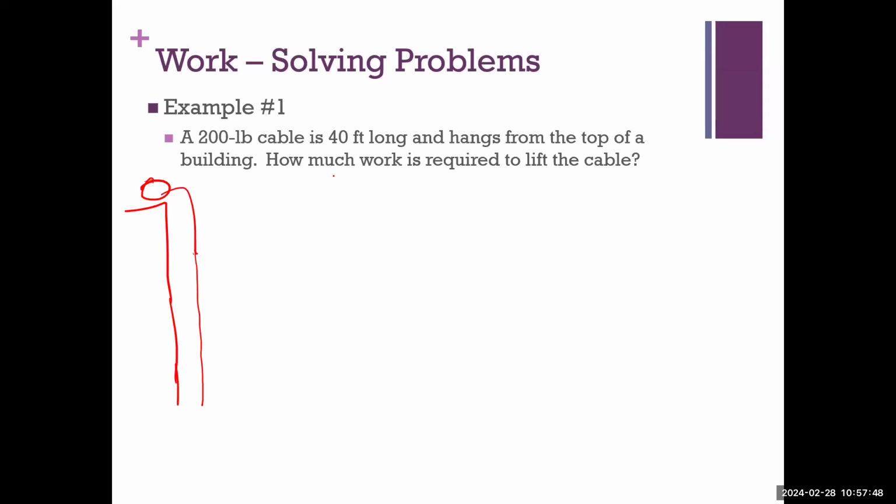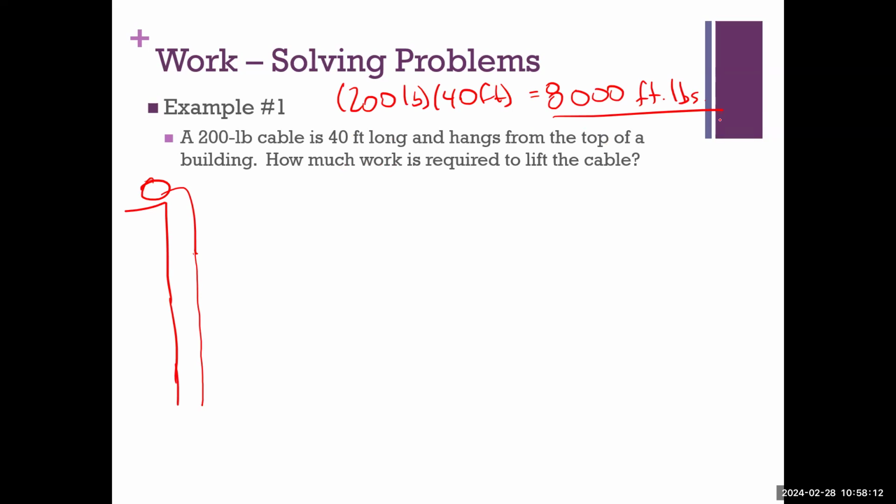So even though 200 pounds multiplied by 40 feet would be 8,000 foot-pounds, should I expect my work to be different than this? And if your answer is yes, then which way?